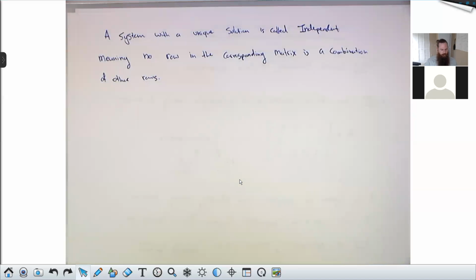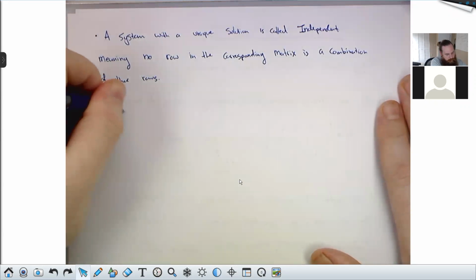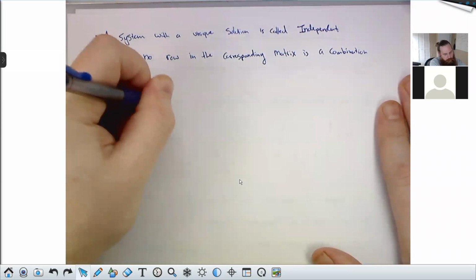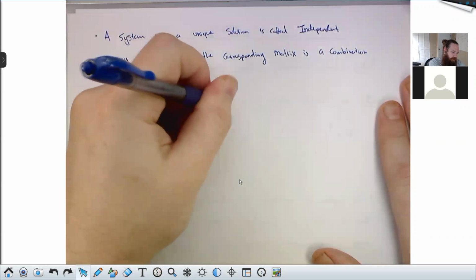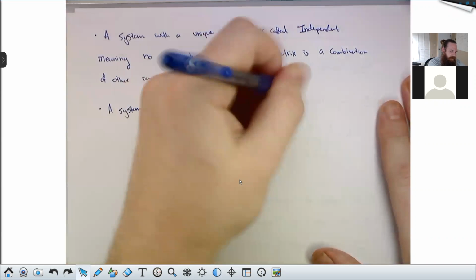And finally, there's a special name. I want to make sure I use the same vocabulary that your textbook uses for systems with no solutions. A system with no solutions is called inconsistent.